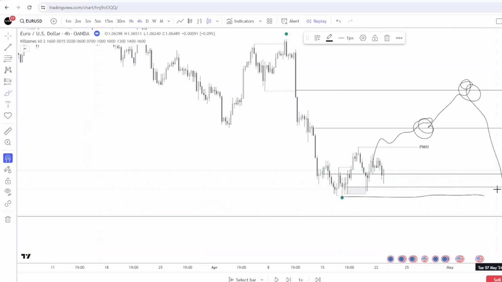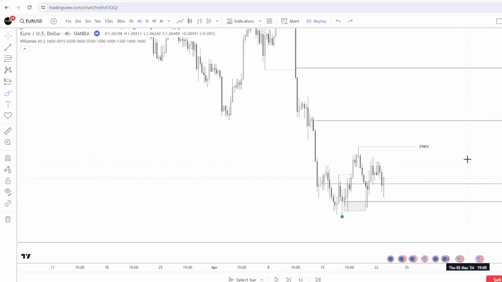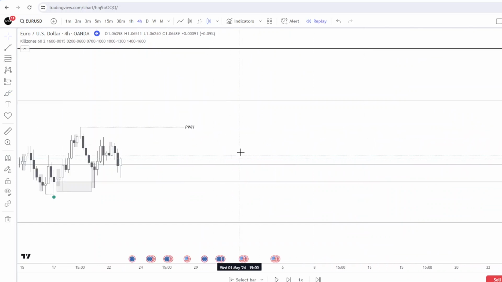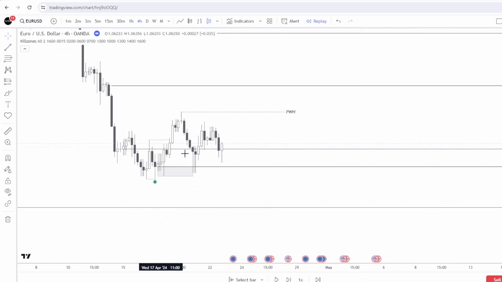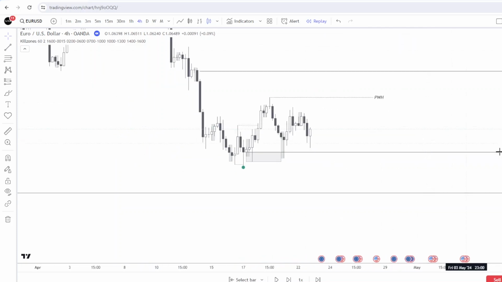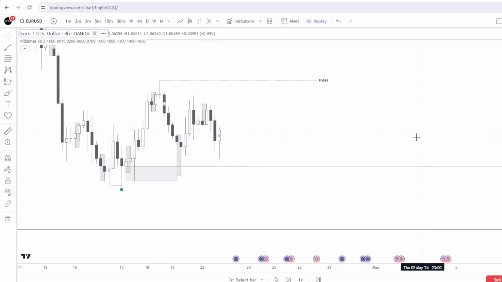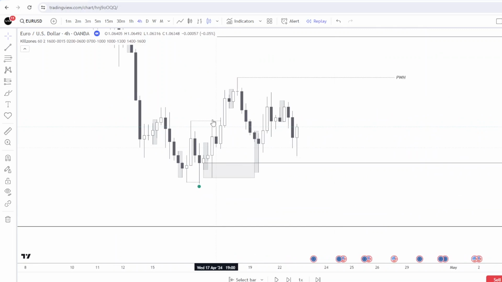Okay, so price gave us a QM here. So I'll just delete this line and focus on price action. Price gave us a QM here, so it means that on lower time frame we're now bullish.